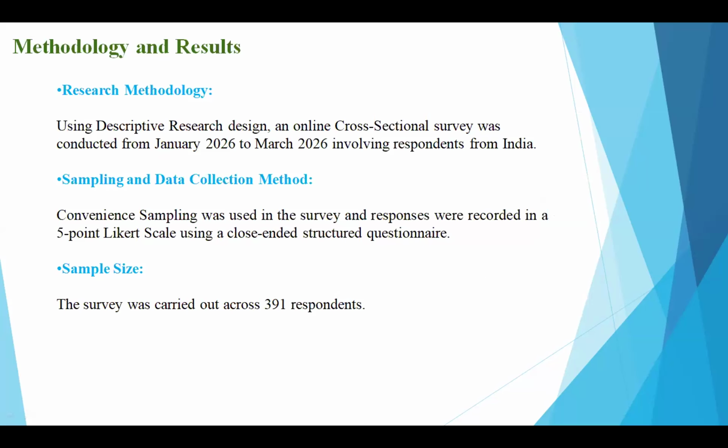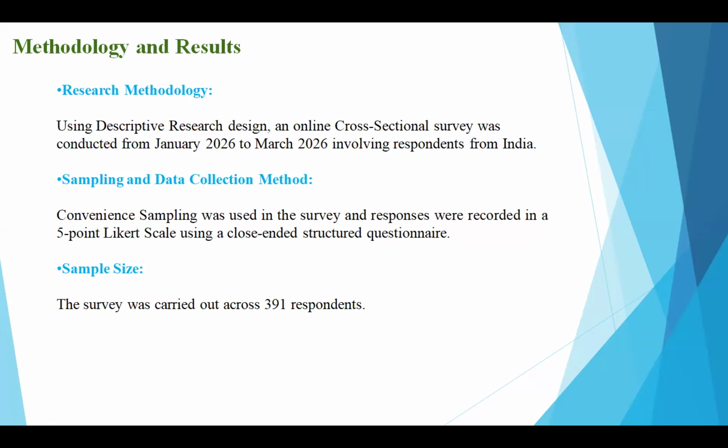Methodology. Using a descriptive research design, an online cross-sectional survey was conducted from January 2026 to March 2026 involving respondents from India. Our sample size is 391 respondents.